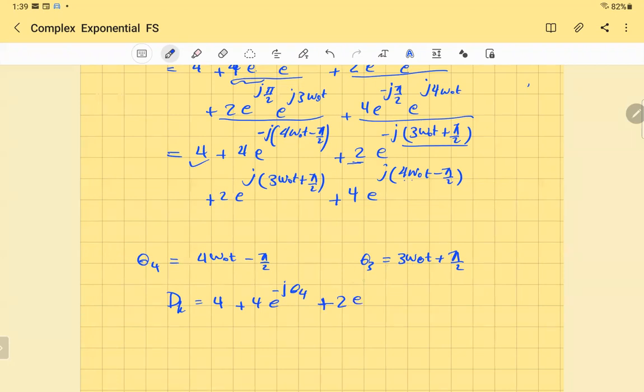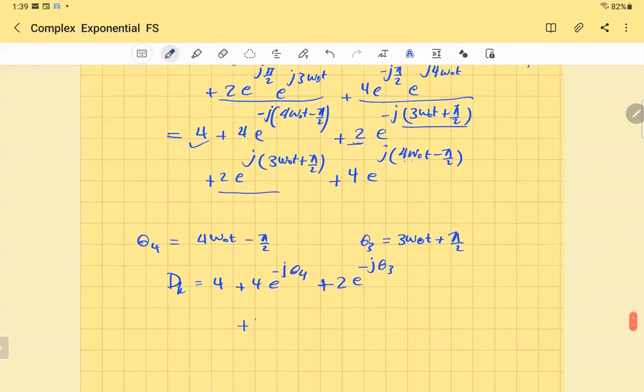So e power minus j theta 3. I stick to the sign, I don't change this term, plus 2 e power j theta 3, plus 4 e power j theta 4.